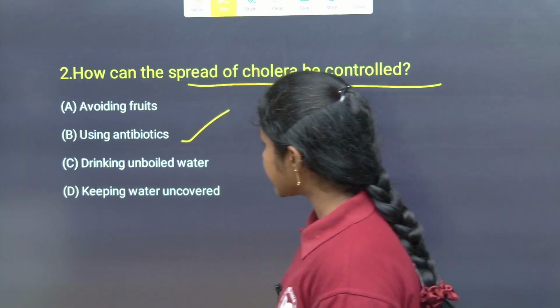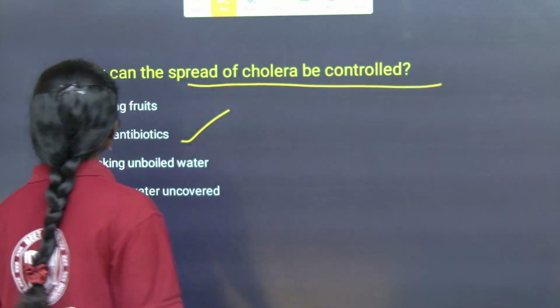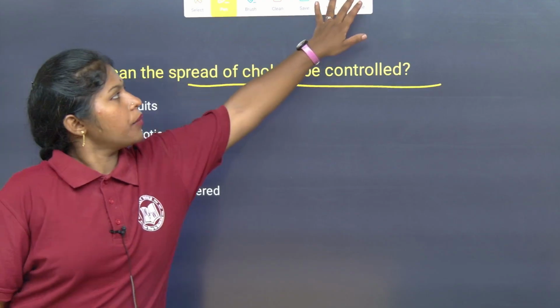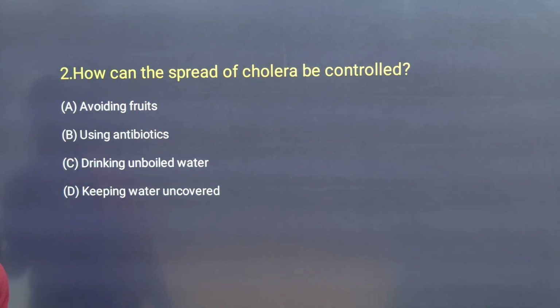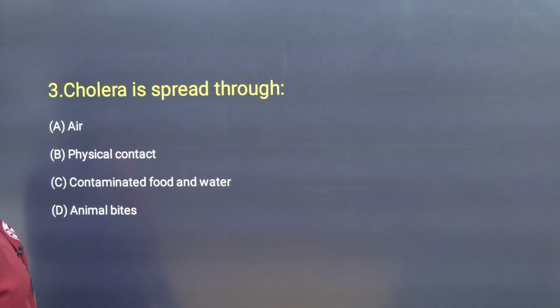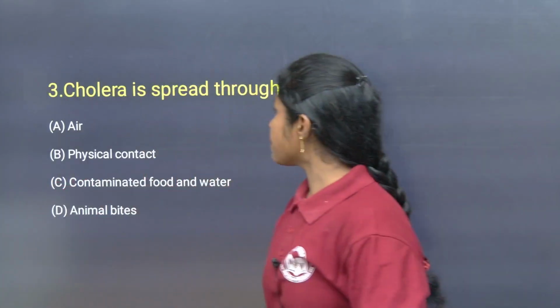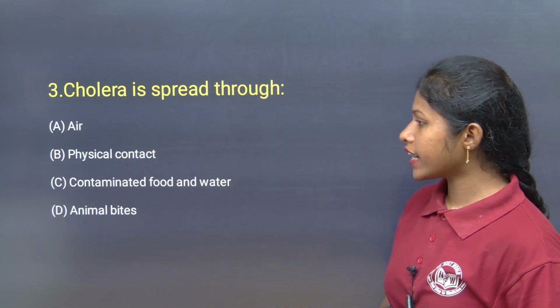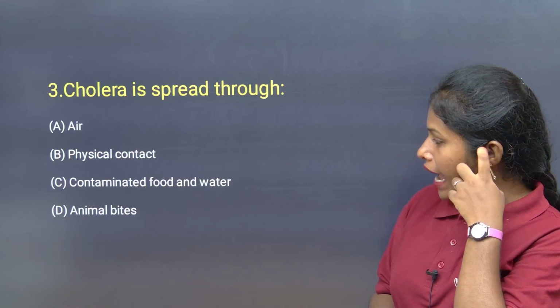This is the second question, children. Coming to the next question, they are asking: cholera is spread through air, physical contact, contaminated food and water, or animal bites?